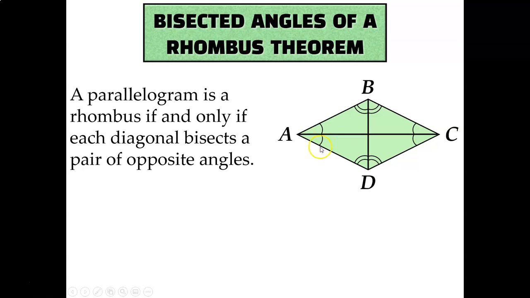And since the opposite angles are congruent to each other, each of these 4 little angles are congruent to each other as well, because this is the angle bisector of BAD, and it's the angle bisector of BCD, and if those 2 original full angles were congruent, then each of the bisected angles are congruent. And same idea with these 4 angles as well. So if it's a rhombus, the diagonals cut each angle in half.